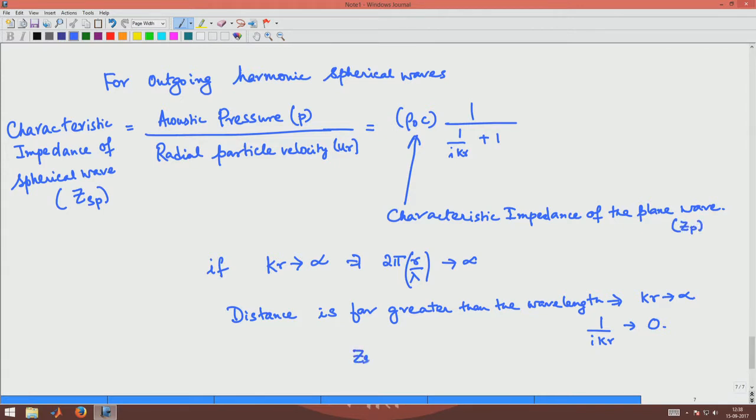Z S P will tend to Z P. So, spherical wave impedance will approach the plane wave impedance.